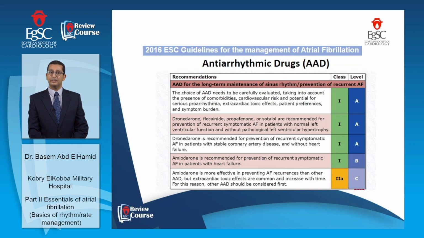Amiodarone is recommended for prevention of recurrent symptomatic AF in patients with heart failure. Amiodarone is more effective in preventing AF recurrence than other antiarrhythmic drugs, but take care, as extracardiac toxic effects are common and increase with time. For this reason, other antiarrhythmic drugs should be considered first.